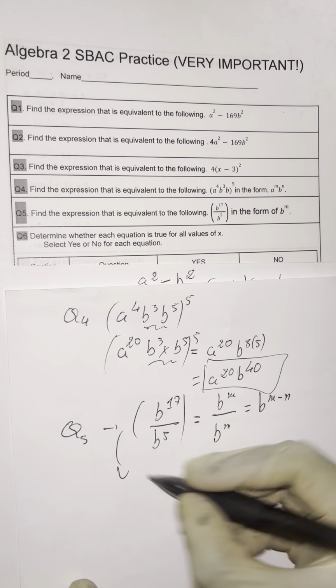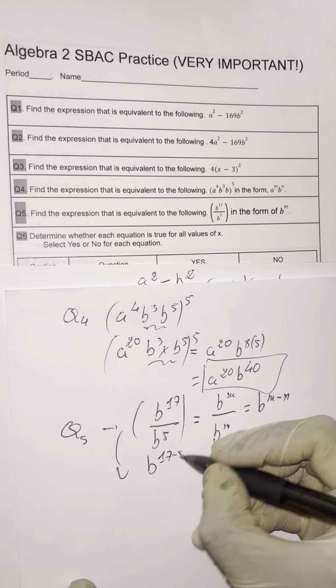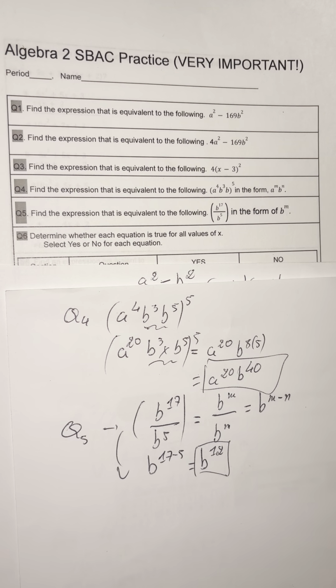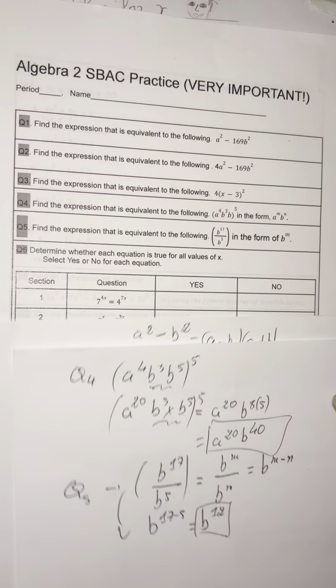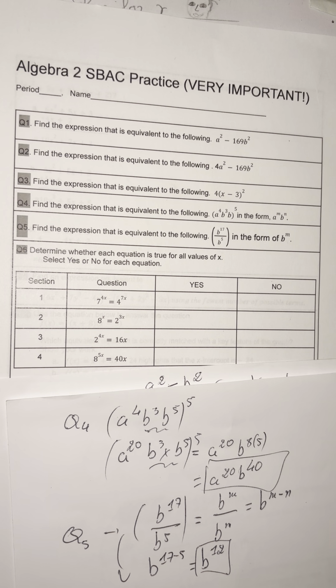So we're going to do the same logic here. That's simply b to the power 17 minus 5, which is b to the power 12. All of these are literally 10-second questions that you should be able to do. All right, so what are we doing now? Okay, Q6.